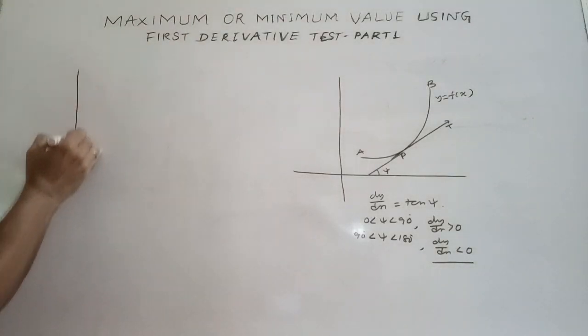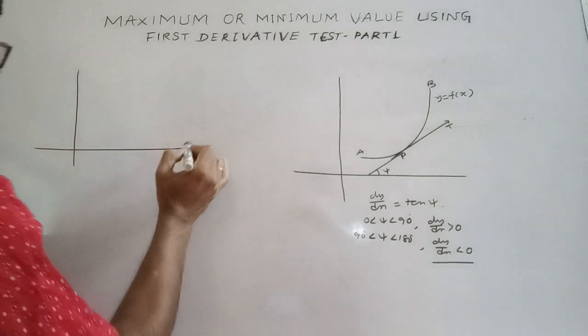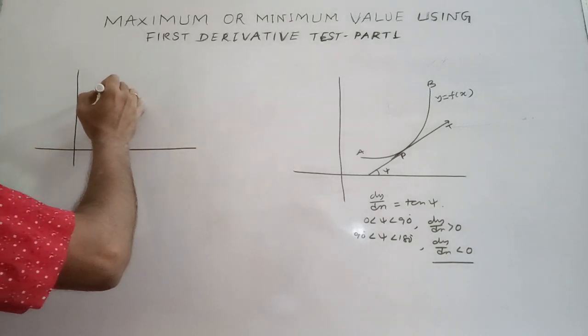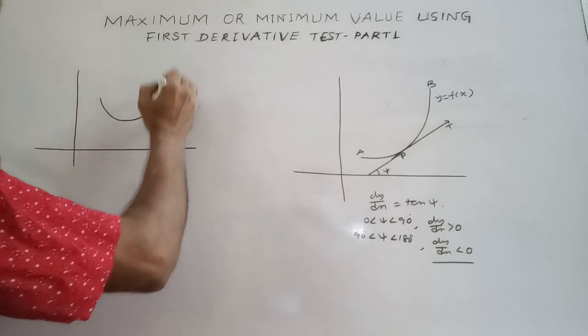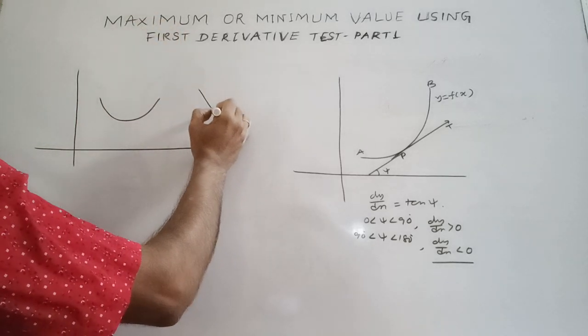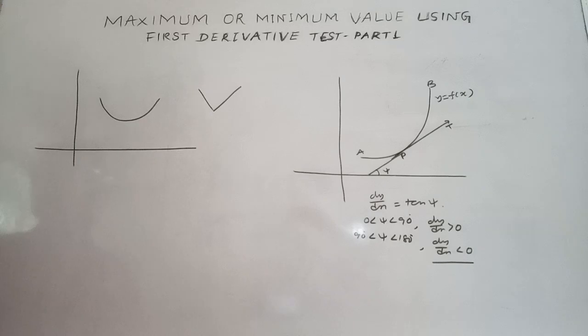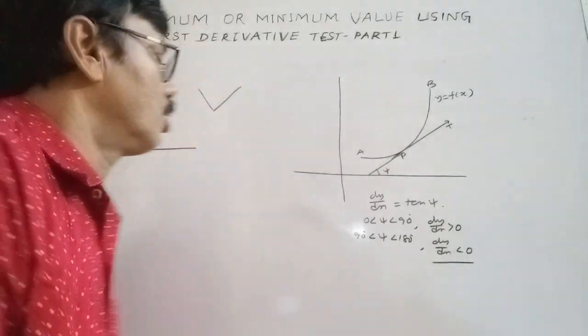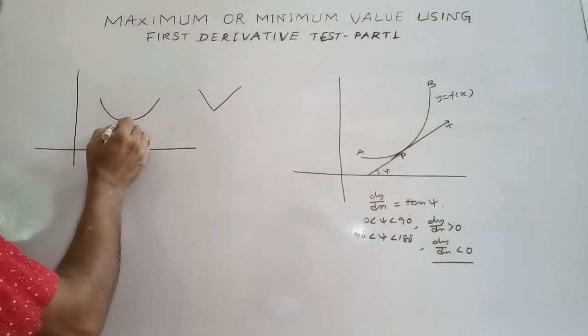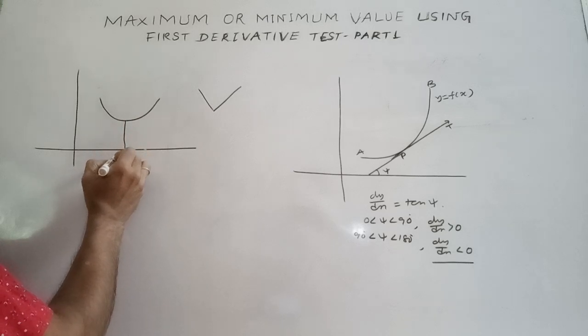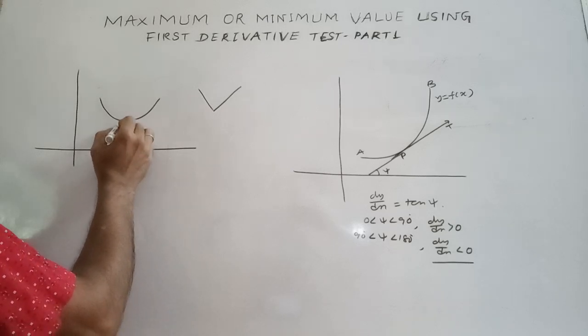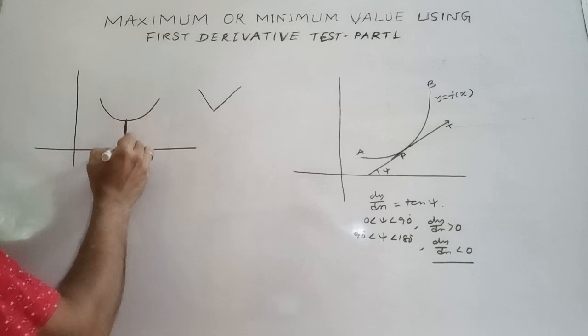Now you know, for minimum value, you get a curve like this or this. So at x equals a, f(x) is minimum.